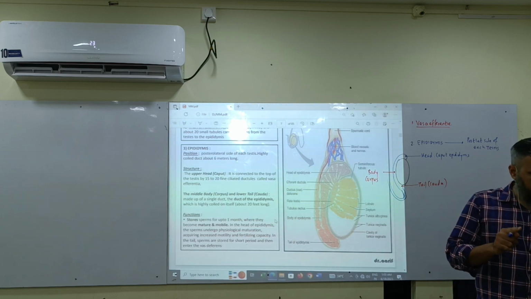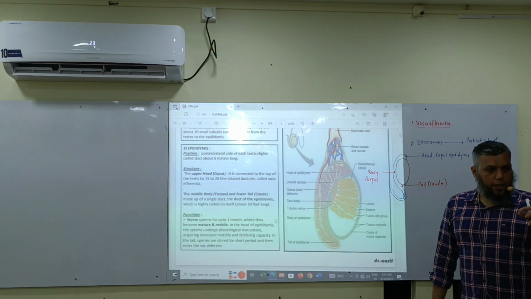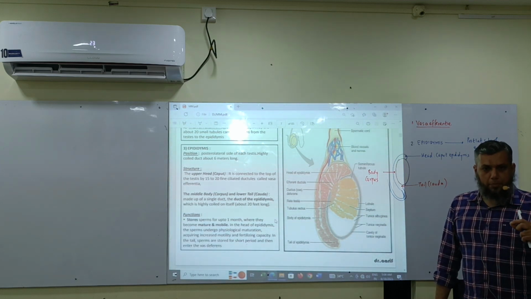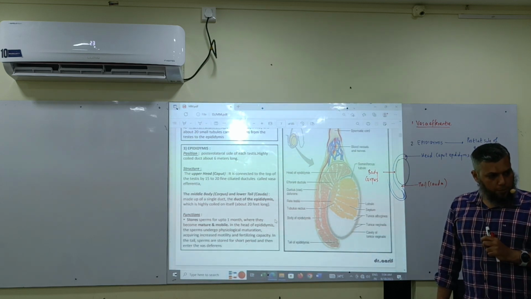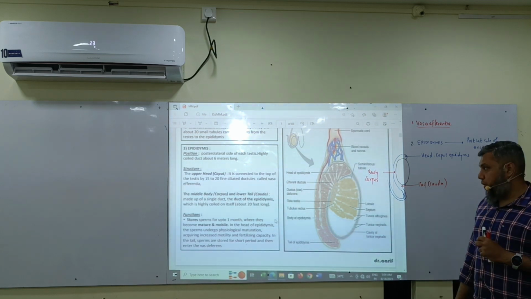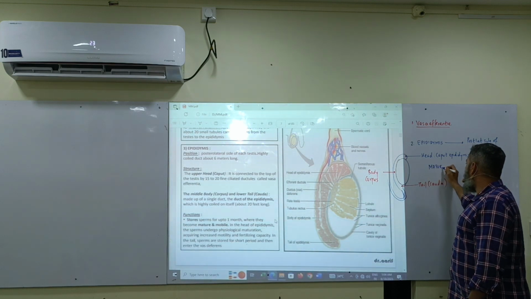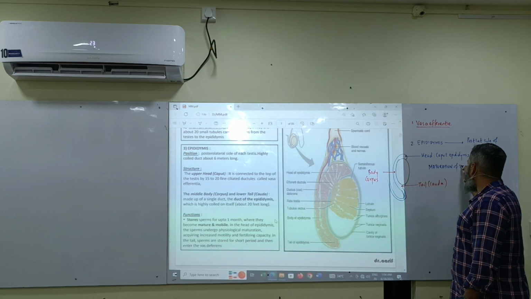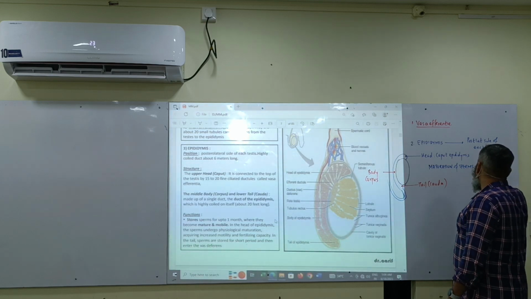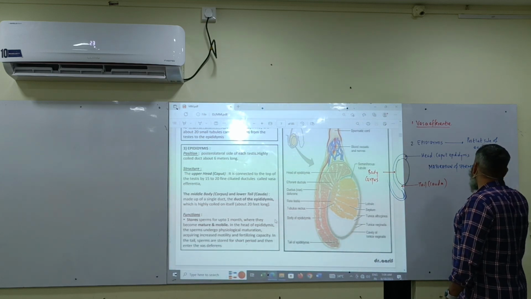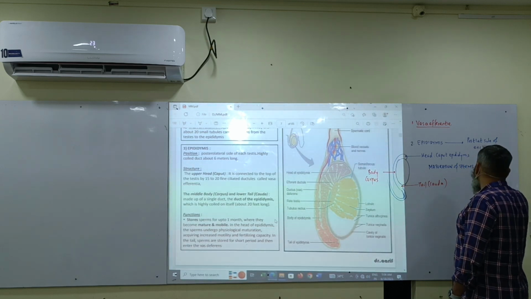It is divided into 3 parts: head, middle part and tail. The head is called caput, the middle part is the corpus, and the tail is the cauda. What is the function? It helps in the maturation of the sperms. The sperms get the required motility and the fertilization ability.